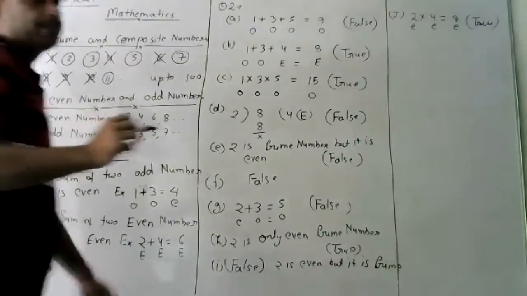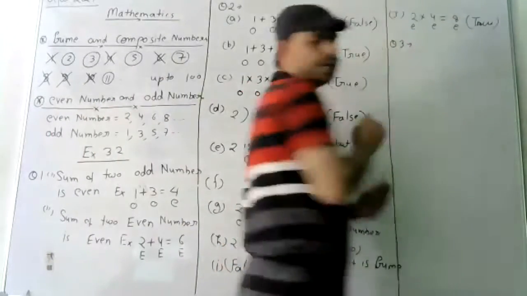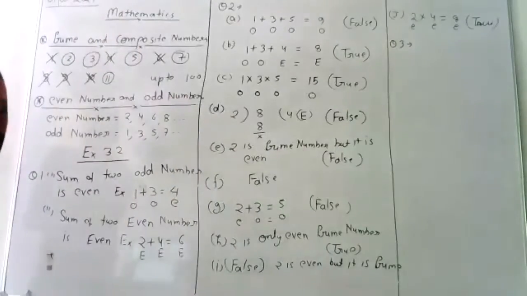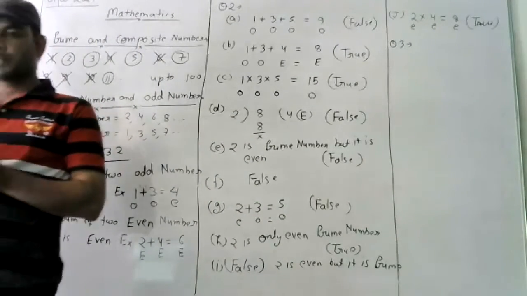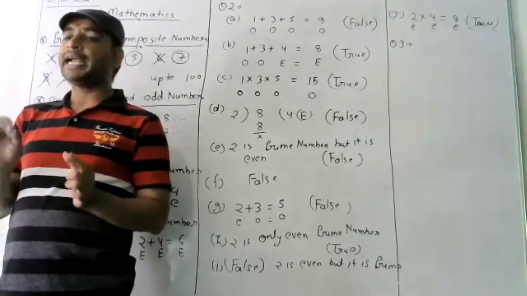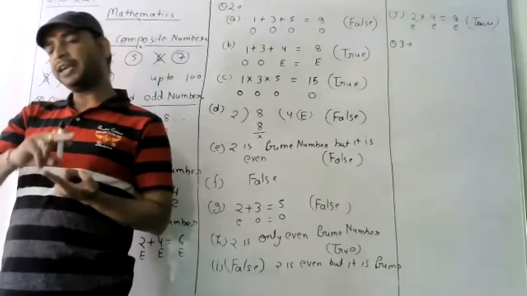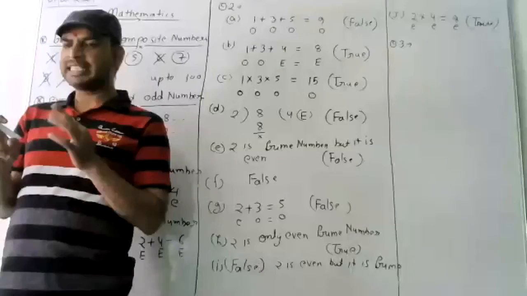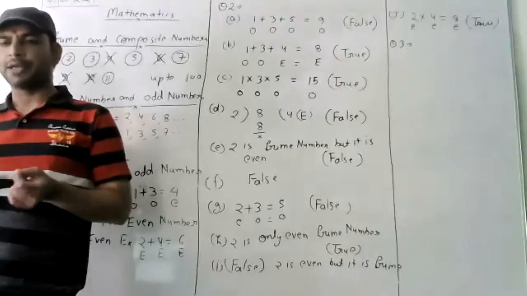Next, question number 3. In this question, the numbers 13 and 31 are prime numbers. That means 13 and 31 are interchanging digits; both numbers have the same digits 1 and 3.